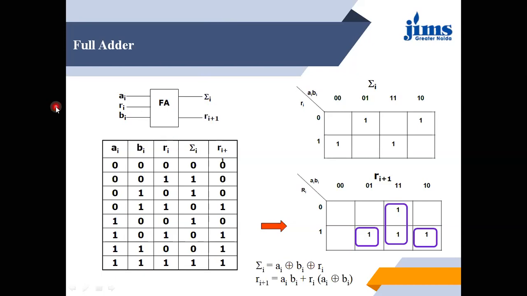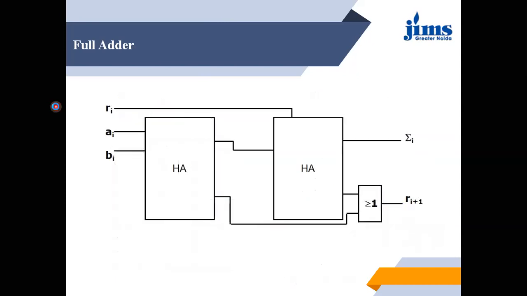So when we want to design this full adder using half adders, then this full adder can be designed using two half adders, and we will put these two half adders in a combination where R, that is the carry from the last digit, is sent to this half adder, and two inputs, that is AI and BI, are going to be input in another half adder.